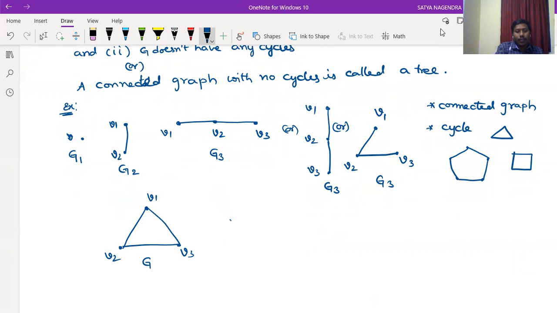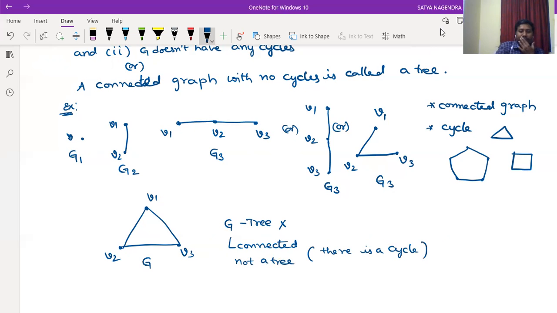Is G a tree or not? It is not a tree. G is not a tree because here in G we have a cycle. So it is not a tree. G is connected, no doubt in that, but it is not a tree. Why is it not a tree? There is a cycle in this graph. So it is not a tree.